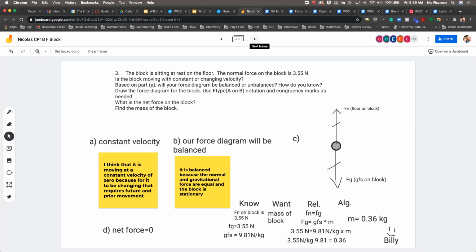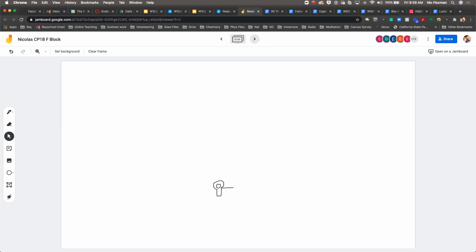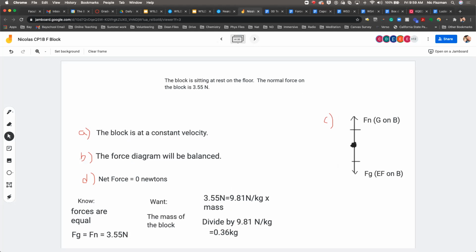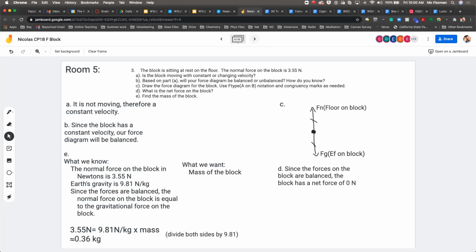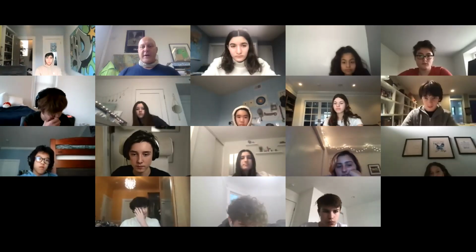And let's see, room 4, you also had the same problem. Anything you want to add? No, you just answered. You said room 5. Yeah, no. Despite our slide being very chaotic, we had a very similar solution to room number 4. Awesome. Great. Thank you. Good work. Stop sharing.